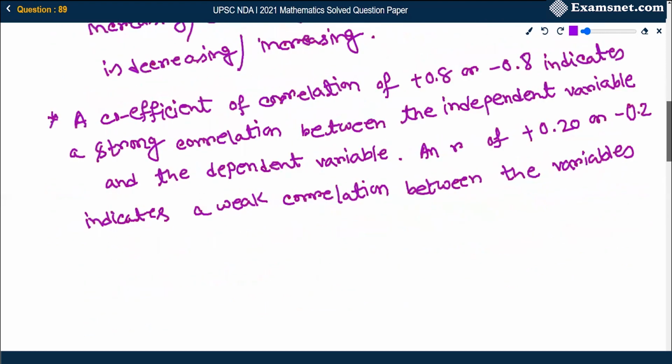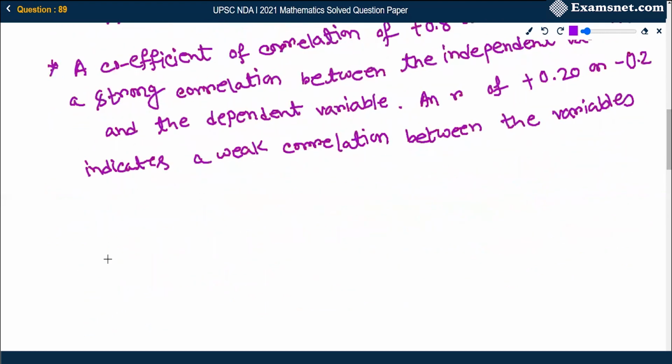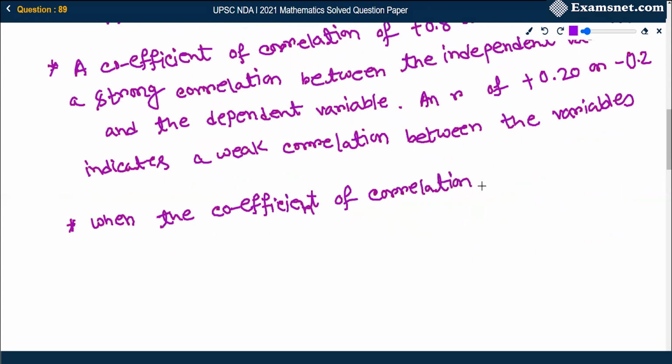Okay, when the coefficient of correlation is 0, then there is no correlation.